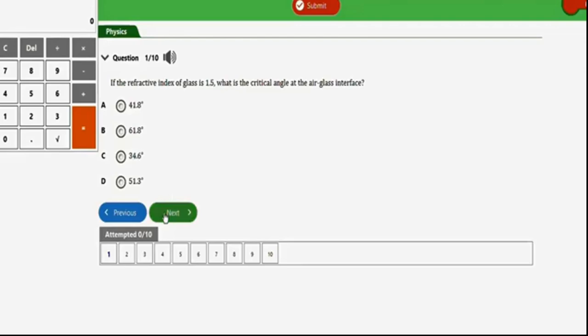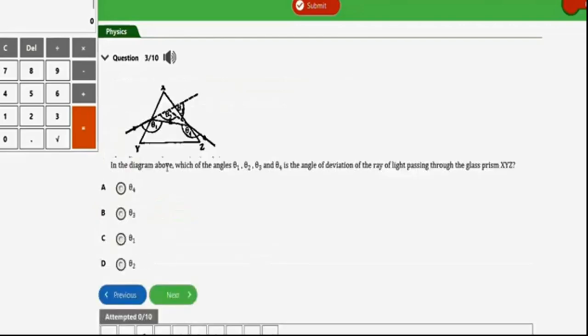So the next repeated question will be this one. It says, in the diagram above, which of the angles is the angle of deviation of the ray of light passing through the glass prism XYZ? So for this question, guys, pay attention. The correct answer to this question will be option B, which is theta subscript 3.